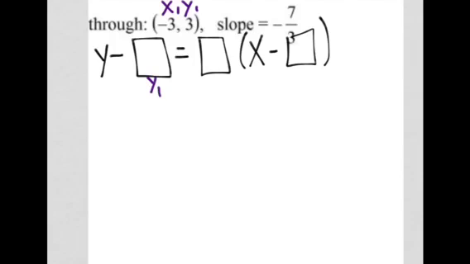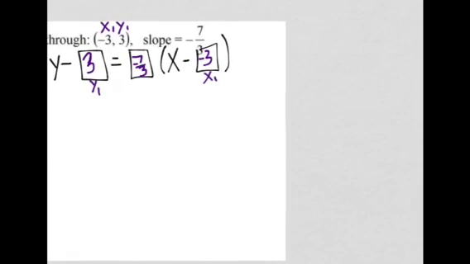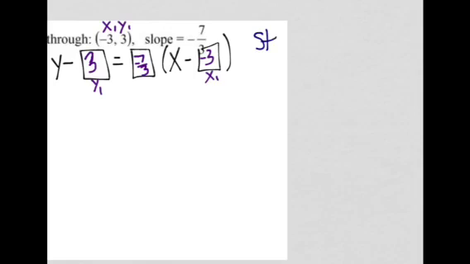So if y1 goes here, I fill in a 3. My slope is a negative 7/3. That goes where my m belongs. And my x1 value goes over here. So step 1, fill in values.